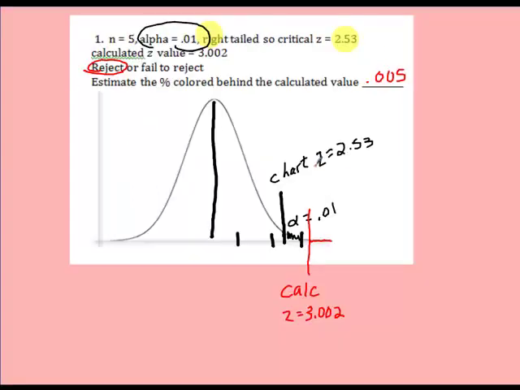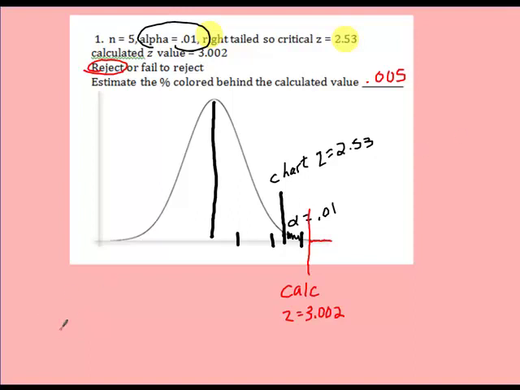Not looking at critical and calculated values to get the rejection region, but let's look at alphas and my estimate. This estimate would be the probability or the percentage of the curve from my calculated value back. If that probability is less than alpha, I reject.